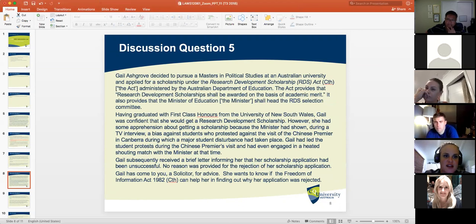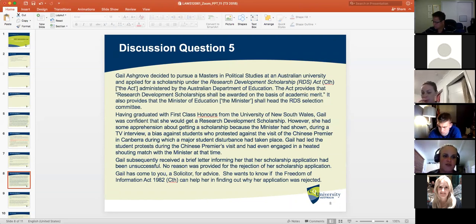Gail Ashgrove decided to pursue a Master's in Political Studies at an Australian university and applied for a scholarship under the Research Development Scholarship RDS Act Commonwealth, administered by the Australian Department of Education. The Act provides that research development scholarships shall be awarded on the basis of academic merit. It also provides that the Minister of Education, the Minister, shall head the RDS Selection Committee.